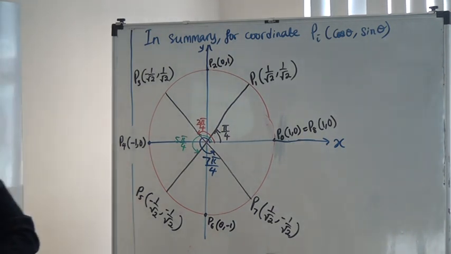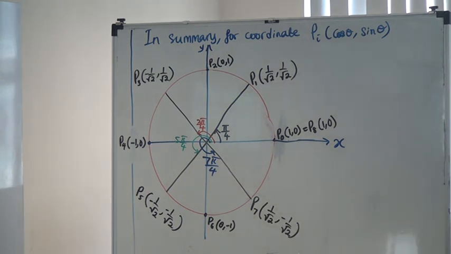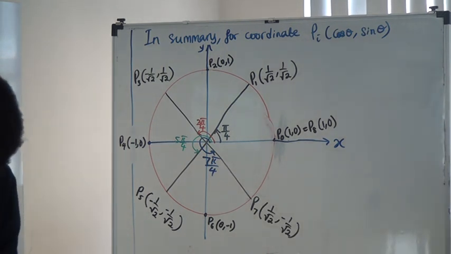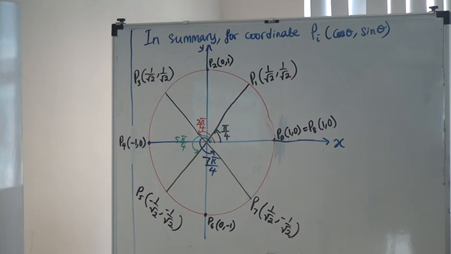Negative 3 pi, right? Instead of counting this way, you went this way 3 corners.